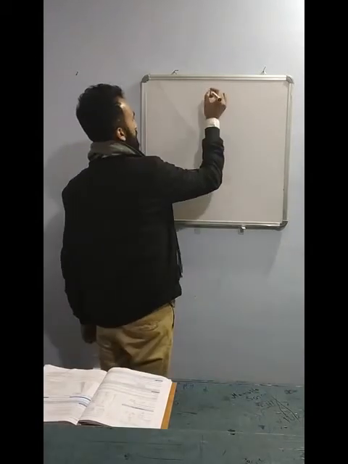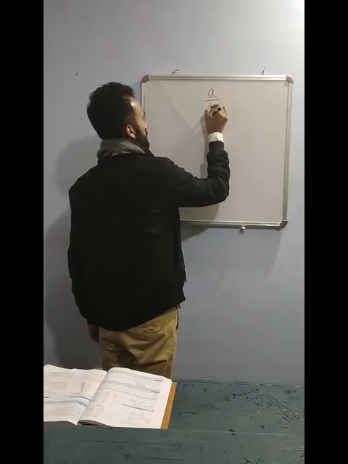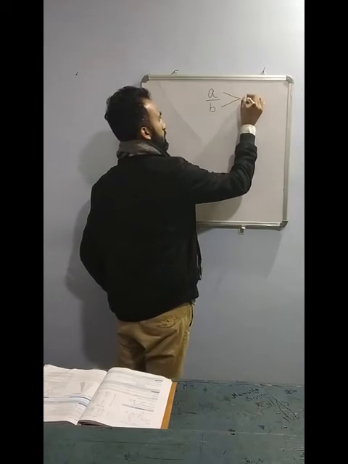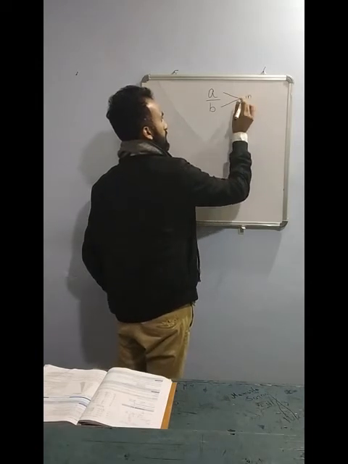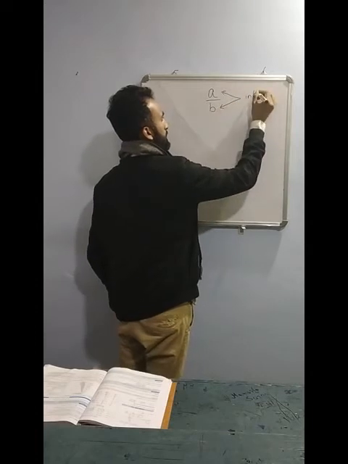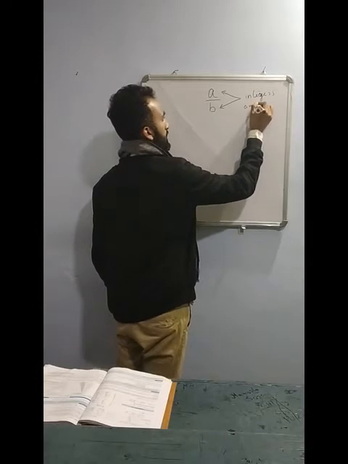A rational number is any number of the form a by b. Remember, a and b both should be what? Integers. Both are integers. And b cannot be equal to 0.